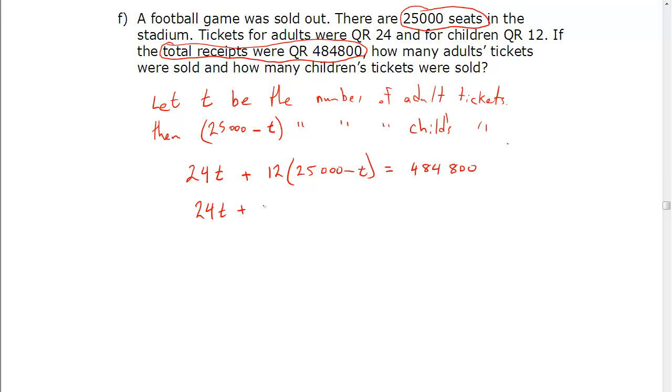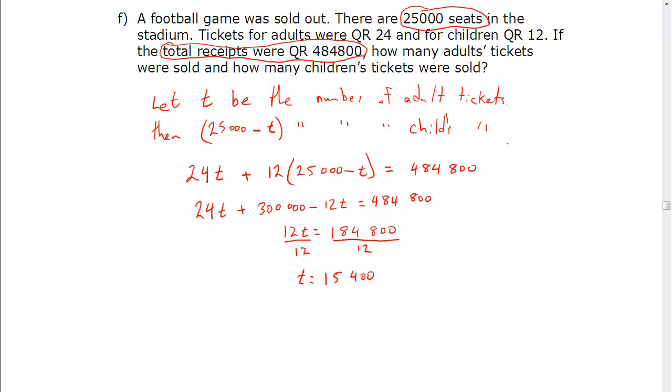So 24T plus 300,000 minus 12T is 484,800. 24 minus 12 is 12T equals 484,800 minus 300,000, which leaves 184,800. Divide each side by 12, and we get the final answer for T is 15,400.